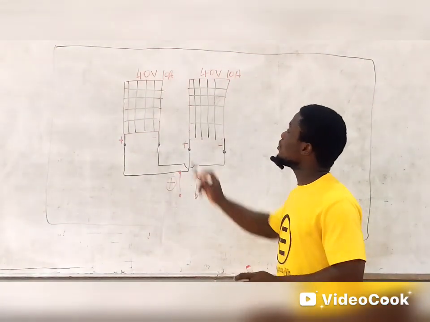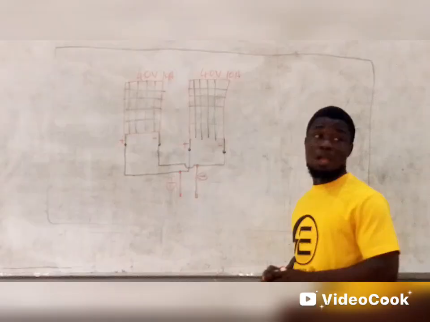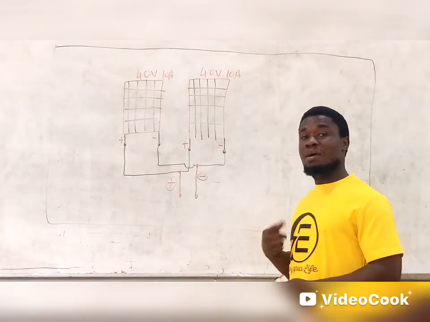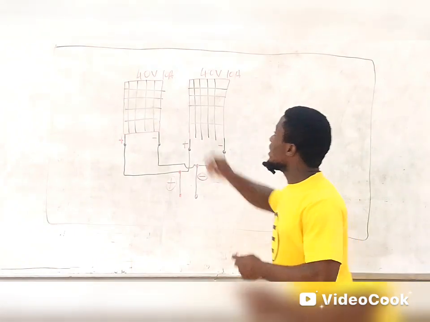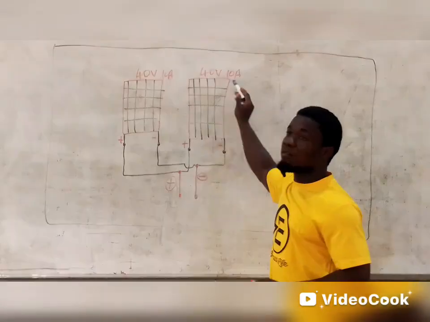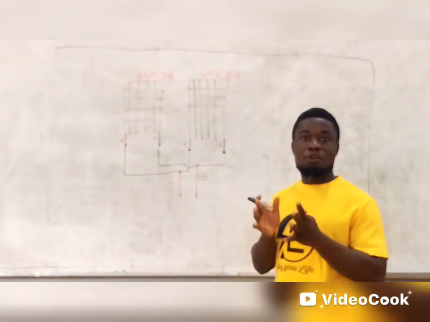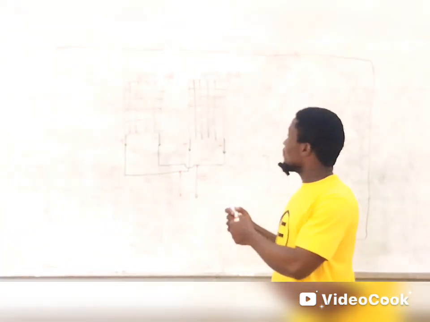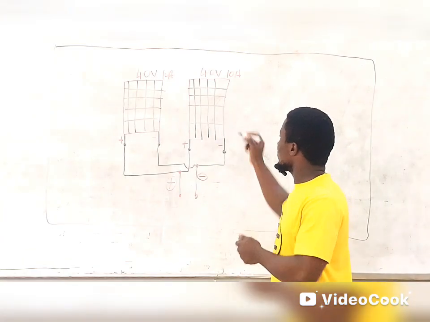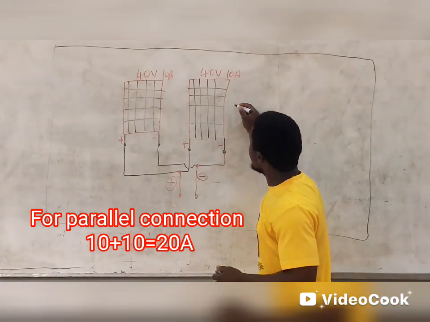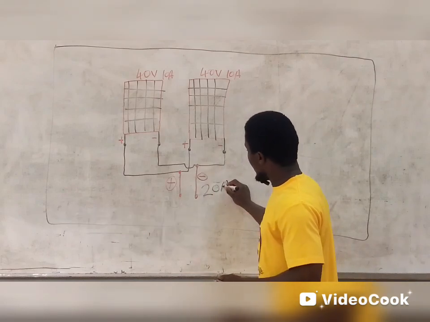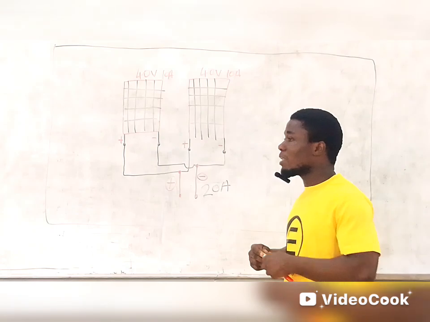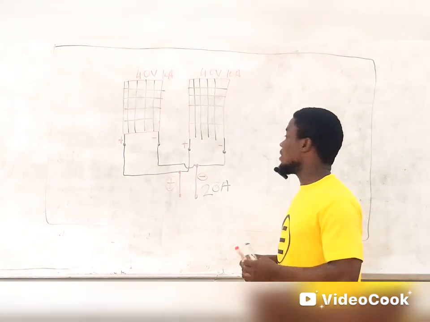Now, what happens to the volt and the current? When you connect a solar panel in parallel, the currents of the panels add up. So for the current, which is 10 amp, we will now have 20 amp at the output, but the voltage remains the same.